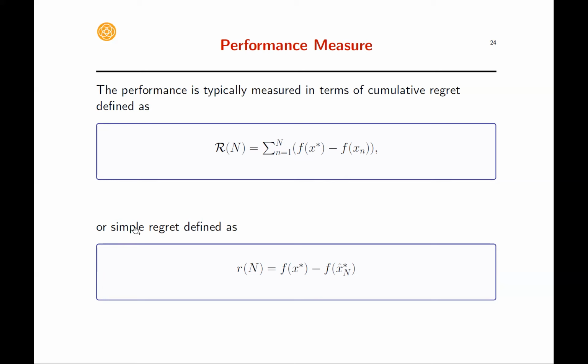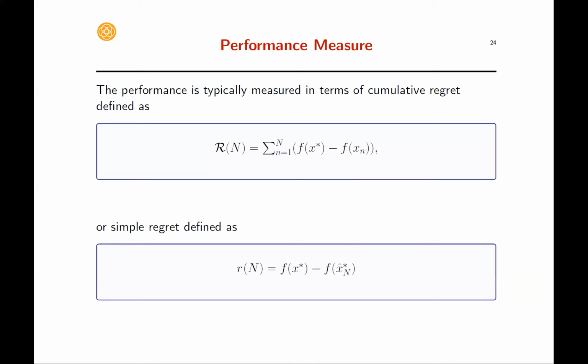Or sometimes people just use simple regret, where in the simple regret terminology, usually we just compare the loss at the end of the time horizon. So we take n samples, and at the end of the time horizon, the algorithm outputs one candidate for the maximizer, and we see the difference between the true maximizer and the maximizer that the algorithm is predicting.